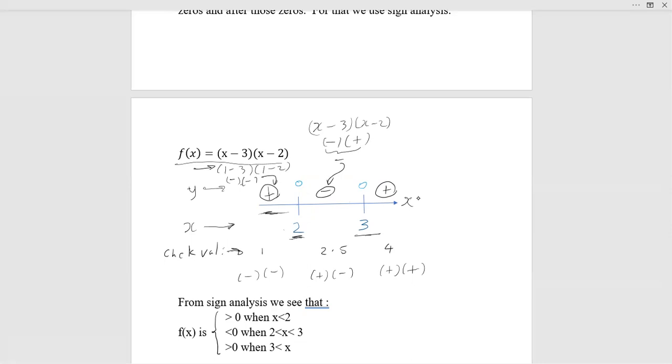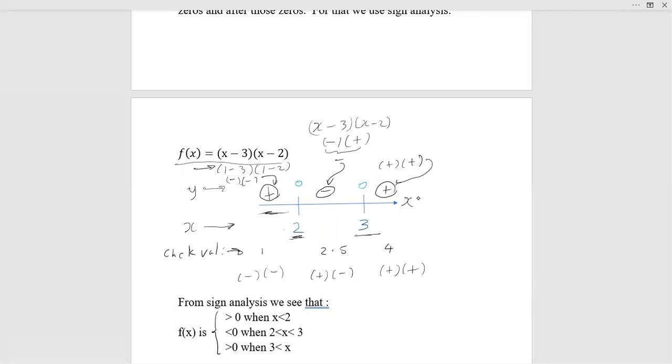In that way, we substitute a number greater than 3, which is 4, 5, any number greater than 3. So I pick number 4. 4 minus 3 is positive, so in this region the first parenthesis is positive. 4 minus 2 is again positive. So we get plus here, right?